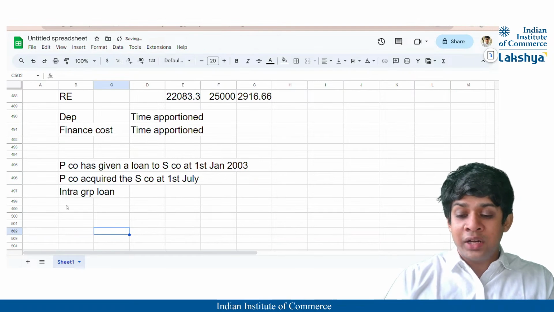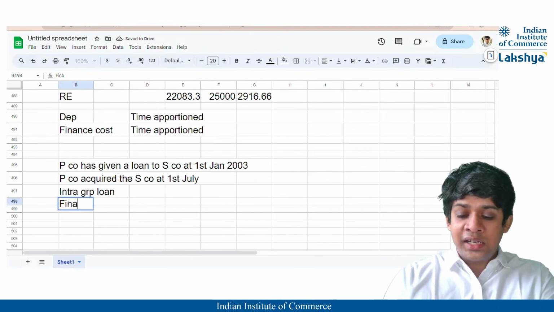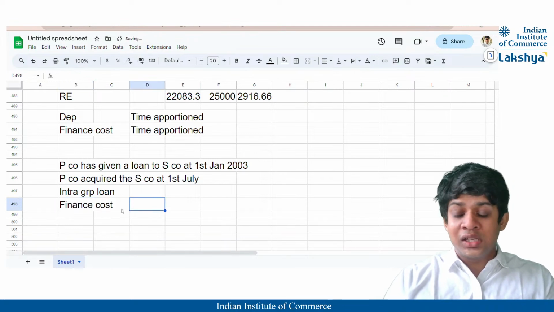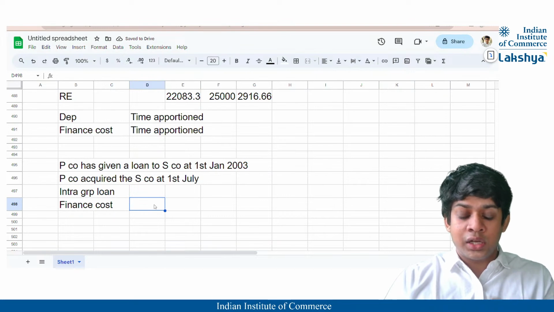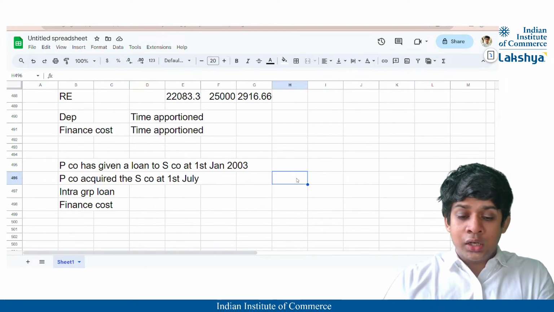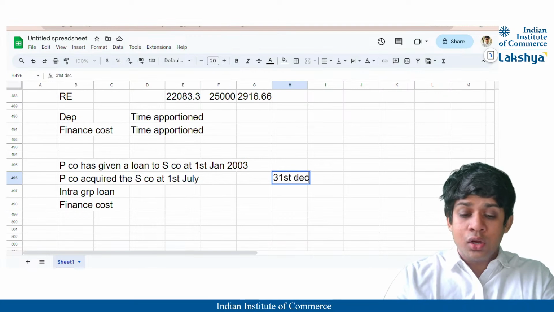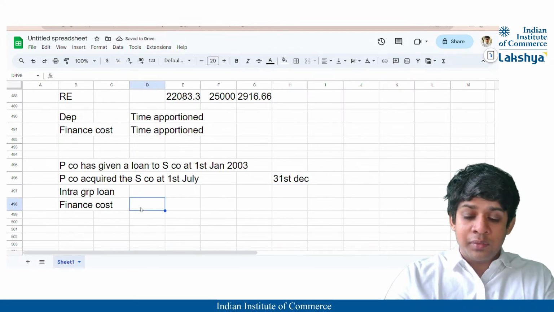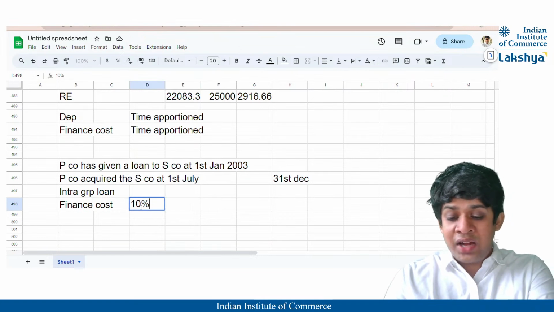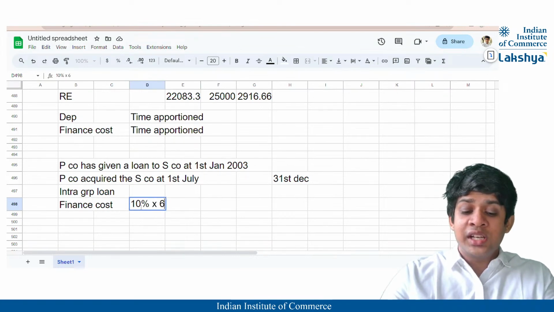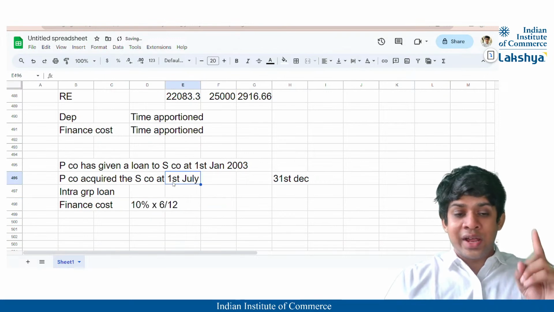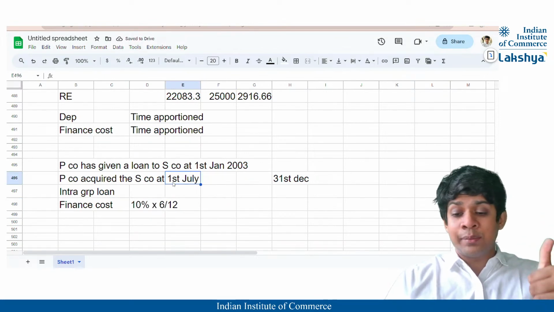Intra-group loan is going to be eliminated. Also, if there is any finance cost for one entity, that means for the subsidiary company, they have taken a loan, so they are paying finance cost on it, correct? Maybe say the year end of the company is 31st December. So the subsidiary company is paying the finance cost for it. Maybe say it is 10%. So whatever is the value into 10% into 6 by 12, correct? Because we have acquired the company on 1st July. So July, August, September, October, November, and December, right?